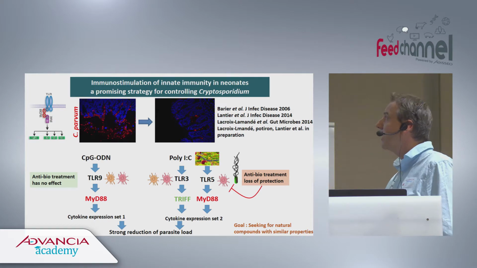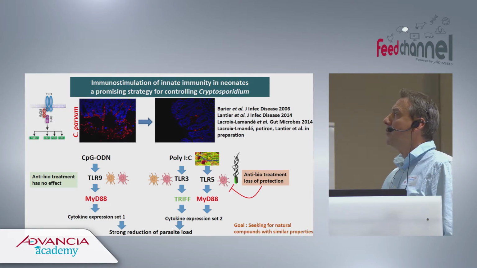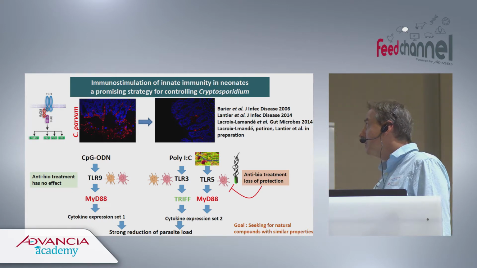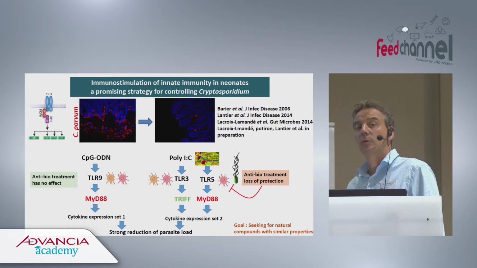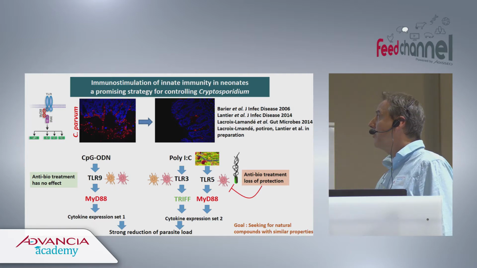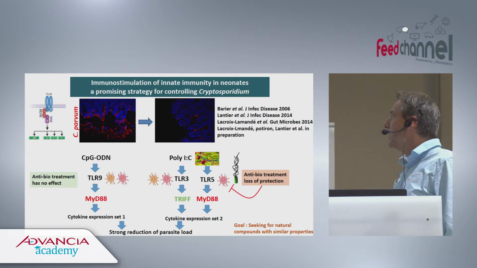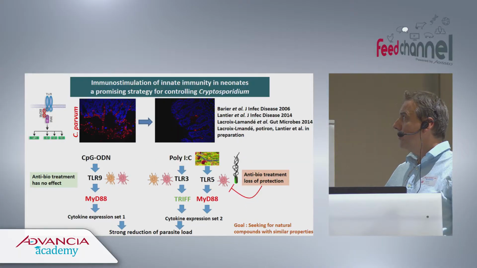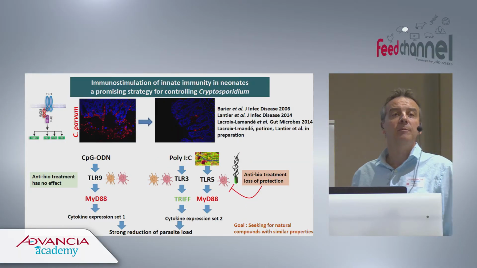For CpG ODN, which mimics bacterial DNA, we got protection, and with poly-IC, which mimics nucleic acid from viruses, we also got protection. When you treat with a broad spectrum of antibiotics, removing almost all bacteria, you lose the protection with poly-IC, and you don't lose it with CpG ODN.